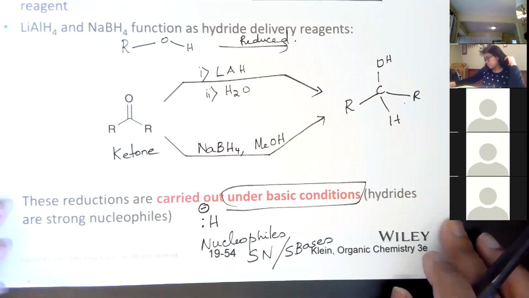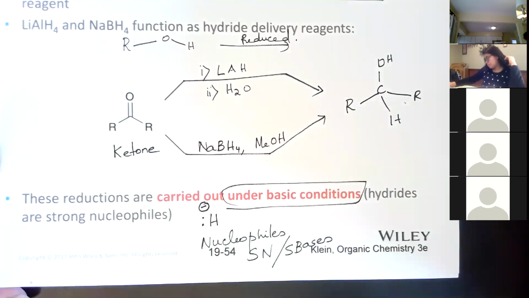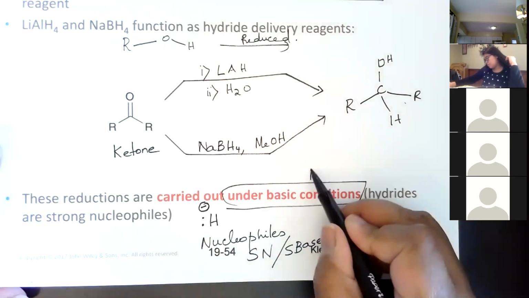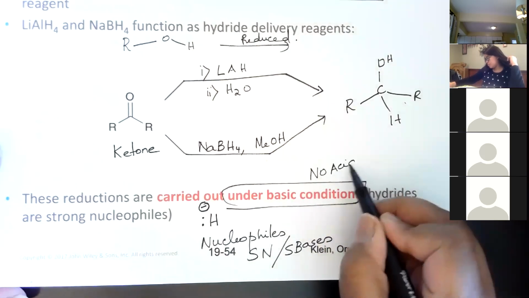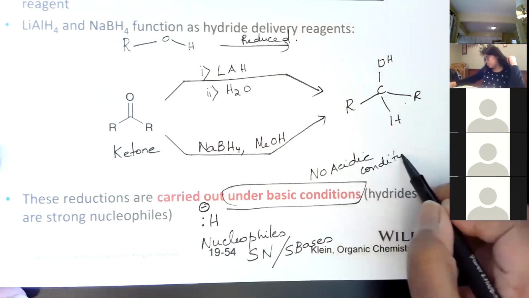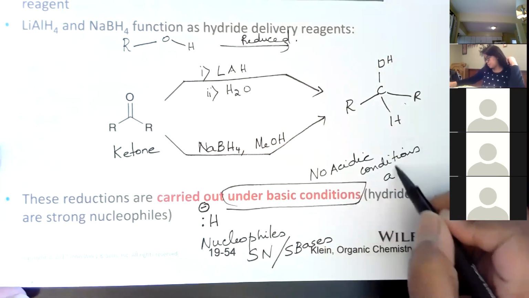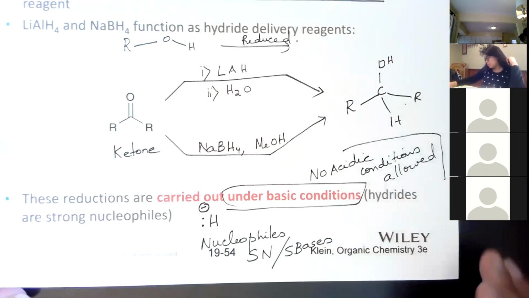Okay. So we're not looking at the details of it. Just know that these are strong nucleophiles and no acidic conditions allowed. That's all we need to know for what they're doing here.